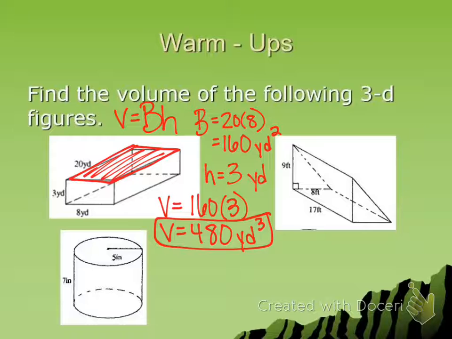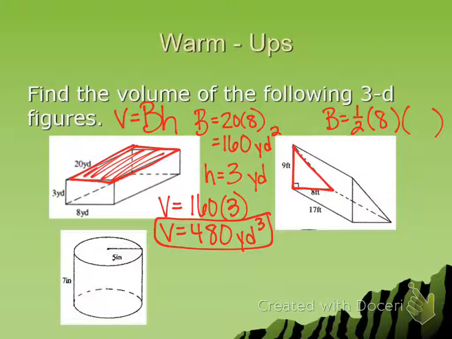Number 2. What shape is my base? A triangle. So to find the area of a triangle, we don't just take base times height. We've got to remember one other step: 1/2. So to find capital B, the area of our base, we have to take 1/2 times, what's the base of that triangle? 8.